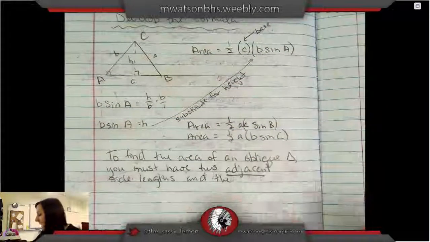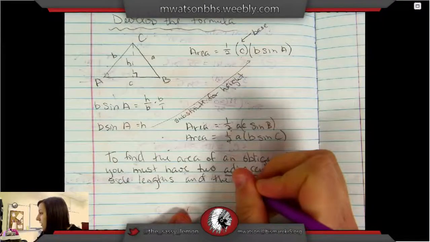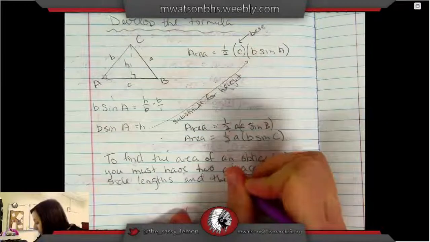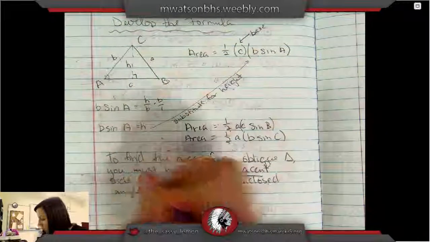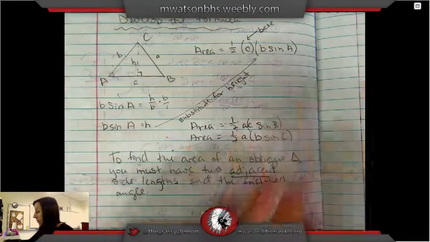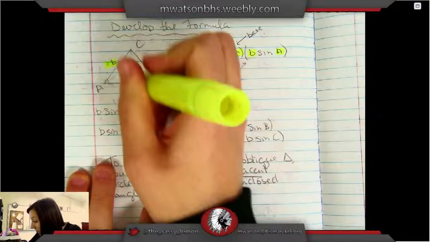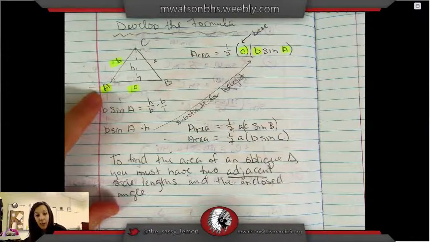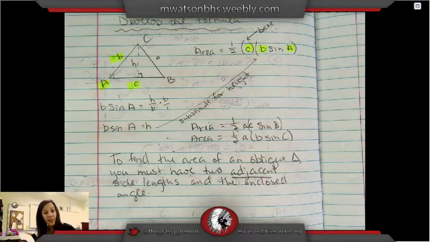There's a better word for that, so two adjacent side lengths and the enclosed angle. And so you can see that here if we highlight. We've got b, c, and A. So we've got the 2 adjacent side lengths and an enclosed angle that is in between them. And if you have those 3 things, then you can find the area.